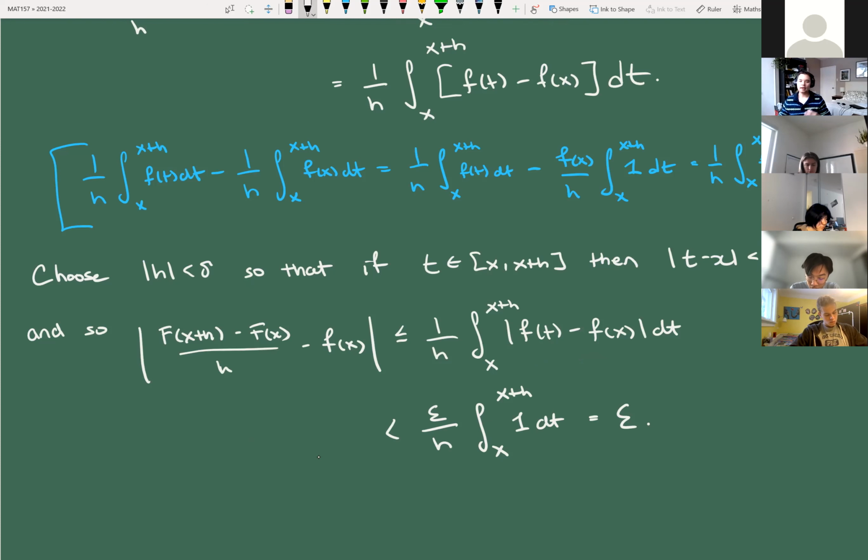Okay, and then I'm not going to do it, but the exact same proof holds for when h is less than 0, right? And so the limit as h approaches 0 from the left, I guess here I should say suppose 0 is less than h is less than delta, but the limit as h approaches 0 from the left is the same.